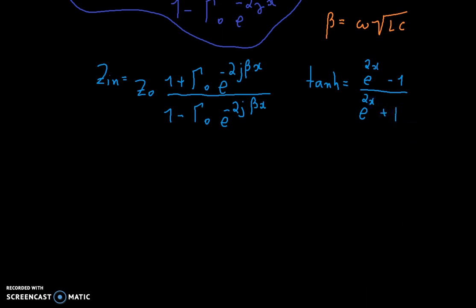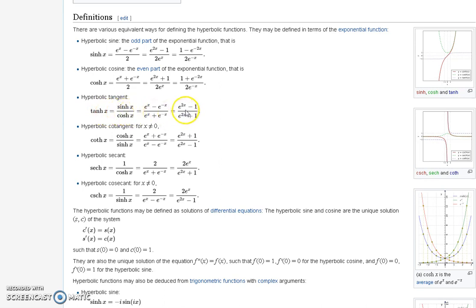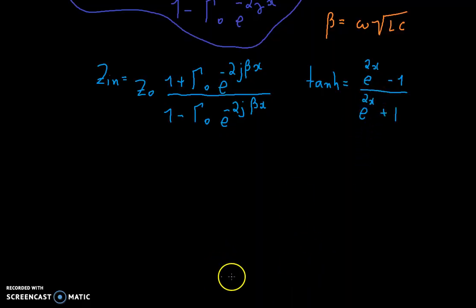I have a Wikipedia page here which gives all the hyperbolic functions. So if you look here, tanh x is equal to e to the 2x minus 1 divided by e to the 2x plus 1. So it's exactly what I have here, so we can use this formula on this side here.